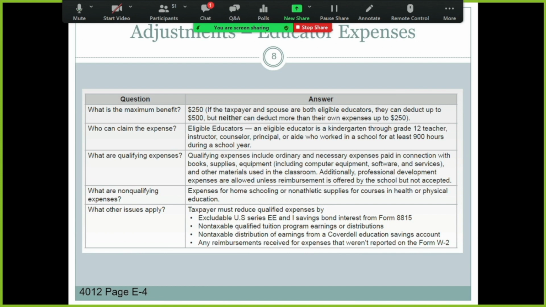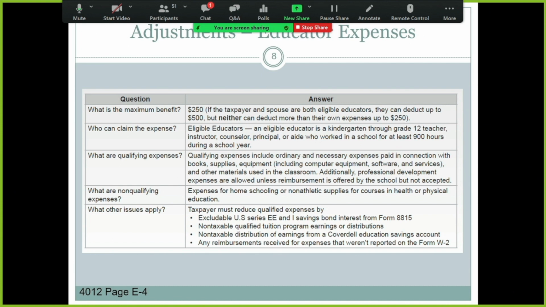The first expense that we will talk about is the educator expense. What is the maximum benefit? $250, or $500 if married filing jointly, can be deducted.